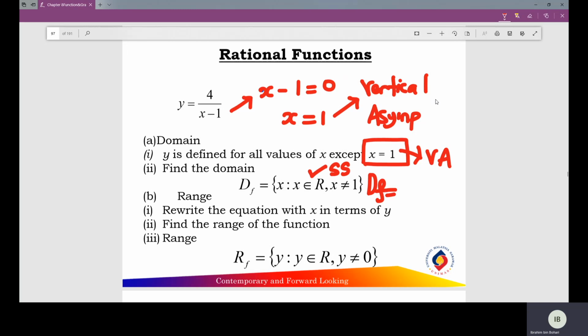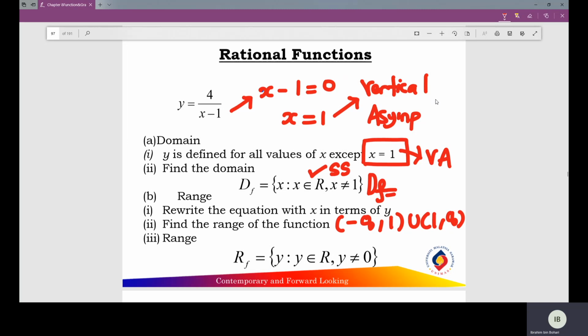The vertical asymptote is at x equals 1. So from the left, from negative infinity, write down negative infinity to 1, union 1 to positive infinity. Okay, settle. Domain of the function.